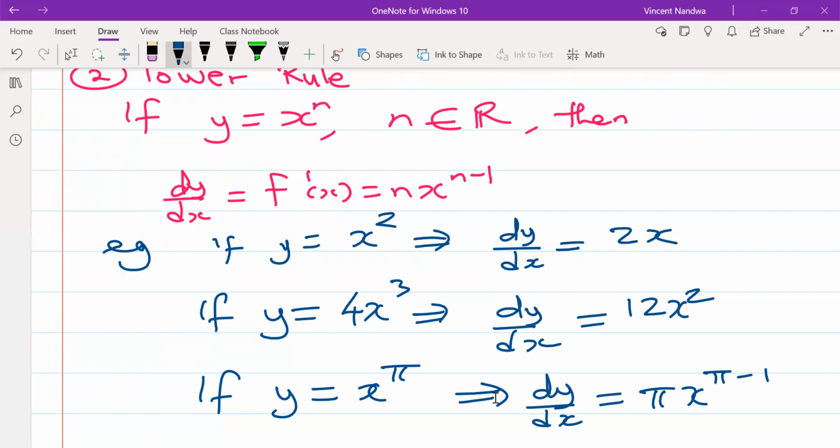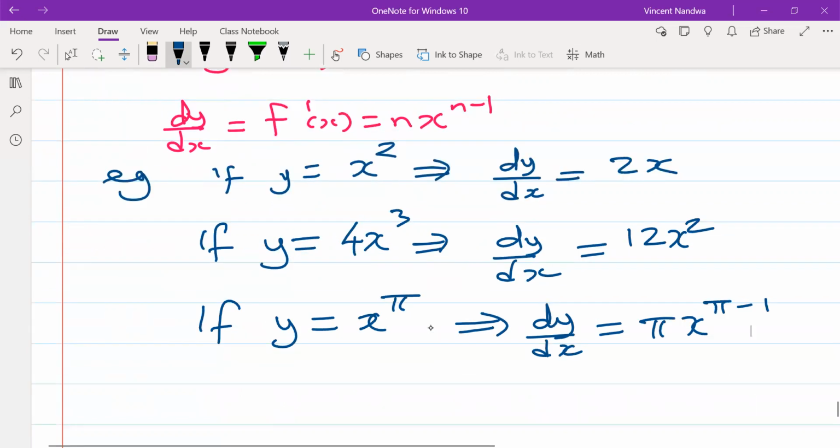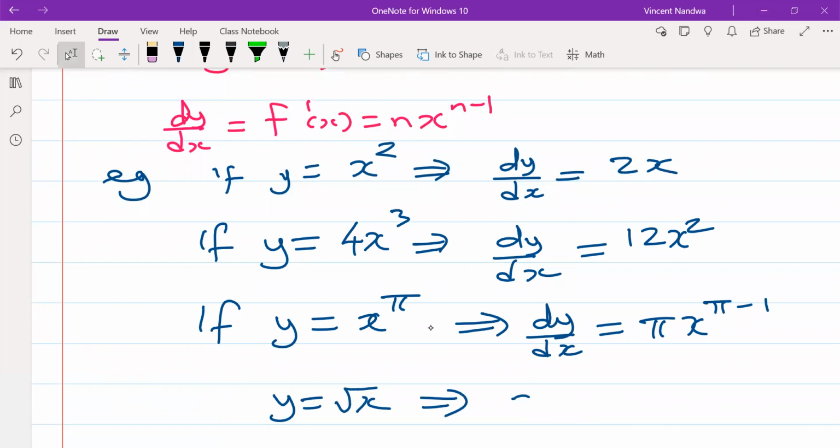Or if we have, say, y equals the square root of x, dy/dx is, you just remember that a square root means a number raised to power half.